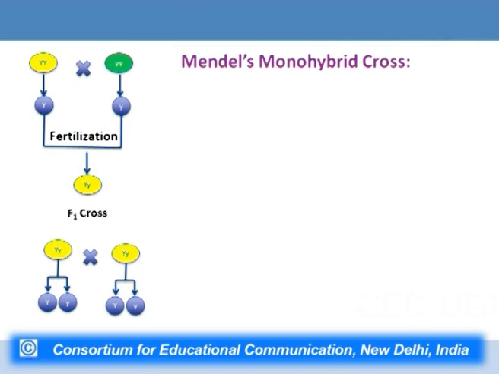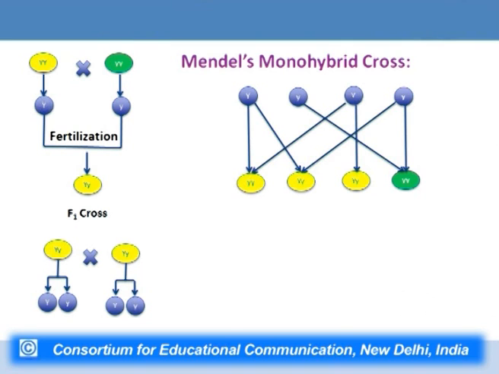When these gametes fuse together, they give rise to individuals which are genotypically either capital Y capital Y, or capital Y and small y. The capital Y capital Y individuals will bear yellow seeds, and the capital Y small y individuals will also bear yellow seeds, whereas individuals which have small y small y will be green seeded individuals.